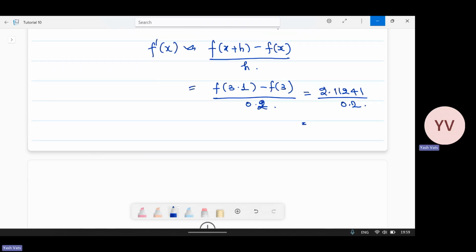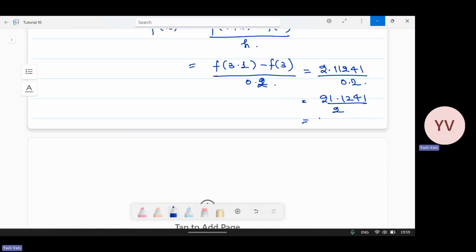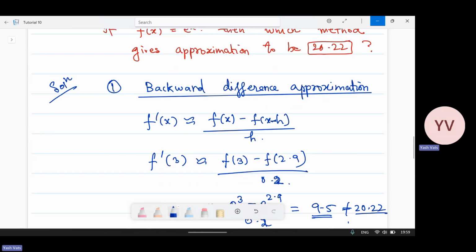It is basically 21.1241 divided by 2, which is 10 point something. Not same as 20 point something. So it is not correct.